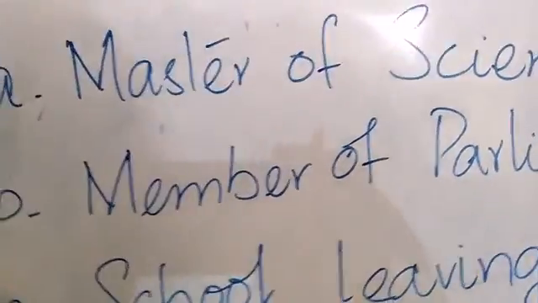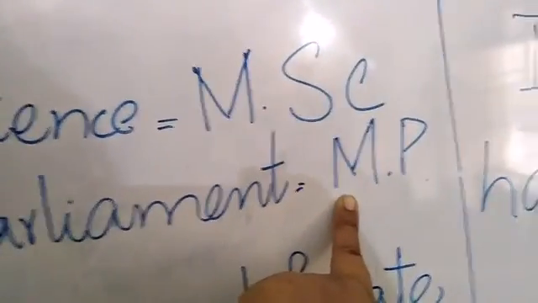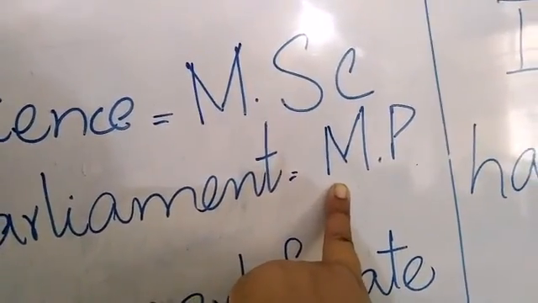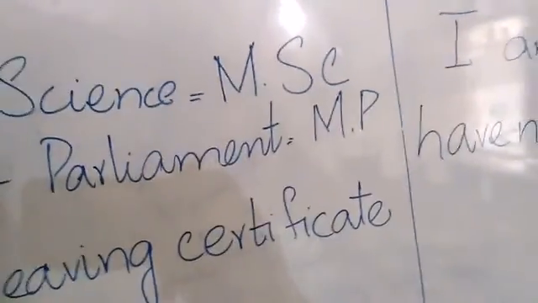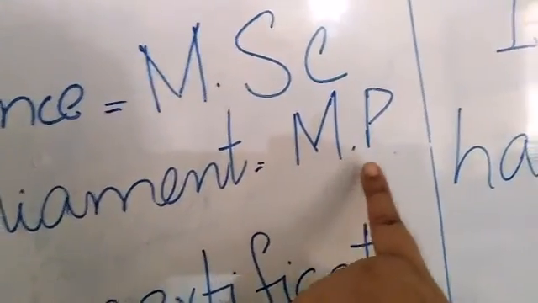Fine. After it, we will not put a full stop. Member of Parliament, the first letter of member is M. Yes. Fine. Then Parliament, we will put a full stop and then P for Parliament.